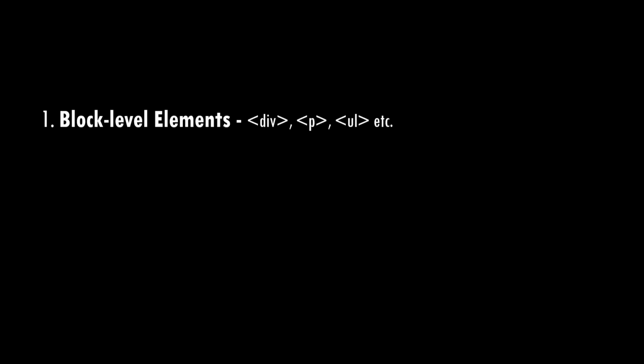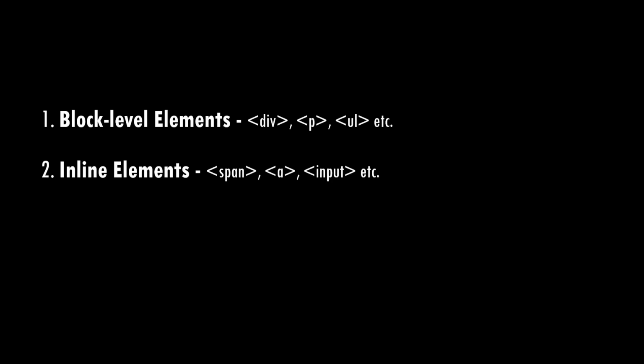Another way we can categorize HTML is like block level elements. A block level element always starts on a new line, and the browsers automatically add some space before and after the element. A block level element always takes up the full width available. Inline elements.